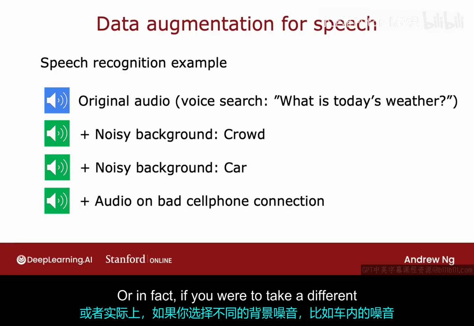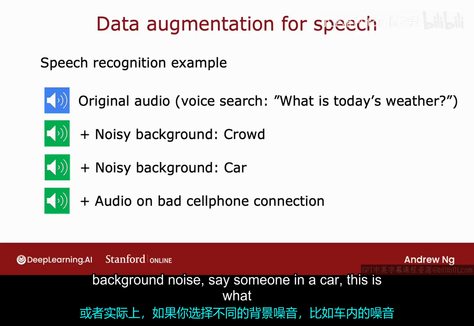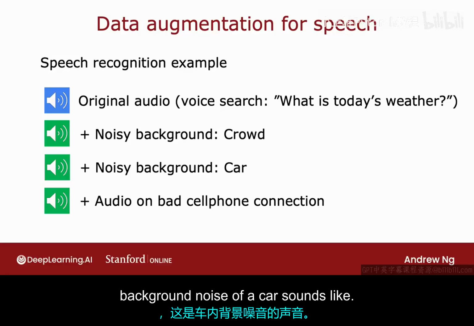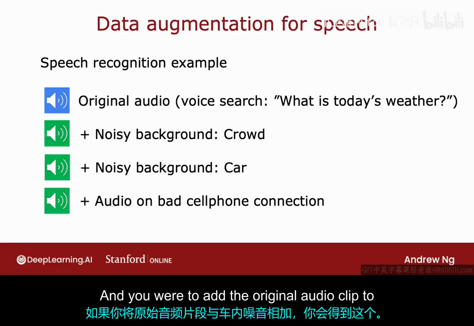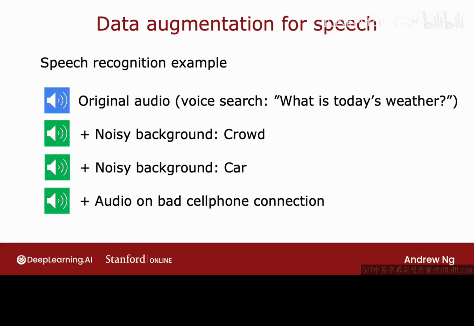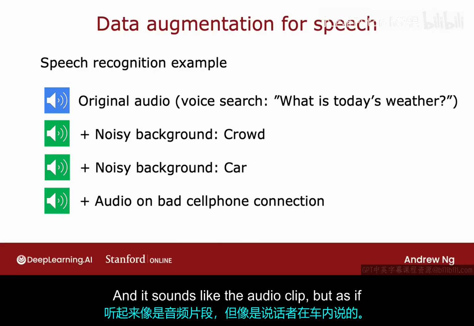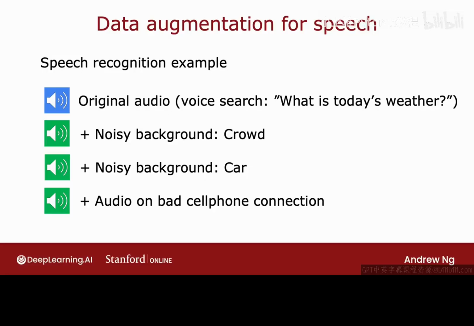Or in fact, if you were to take a different background noise, say someone in a car, this is what background noise of a car sounds like. And if you were to add the original audio clip to the car noise, then you get this. What is today's weather? And it sounds like the original audio clip, but as if the speaker was saying it from a car.